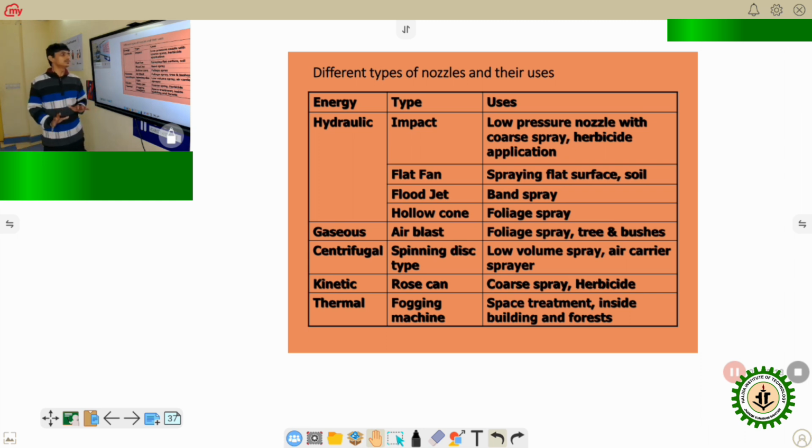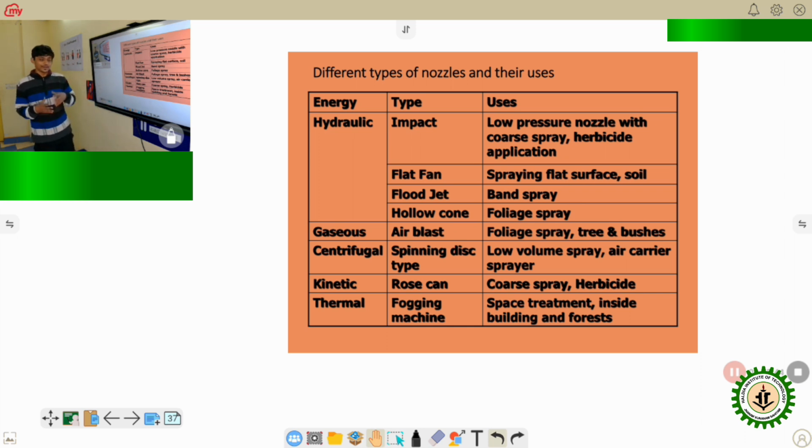Hollow cone, that is for foliage spraying, we can use, and gaseous sprayers, air blast, we can use for foliage spraying on trees and bushes. Centrifugal type, spinning type sprayers are generally used for low volume spraying.